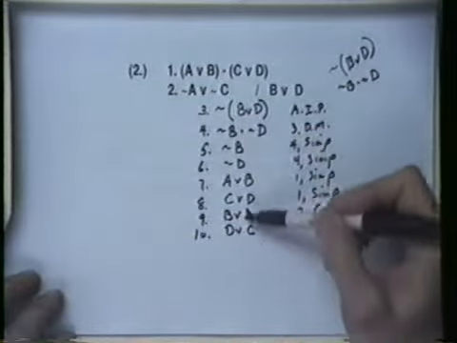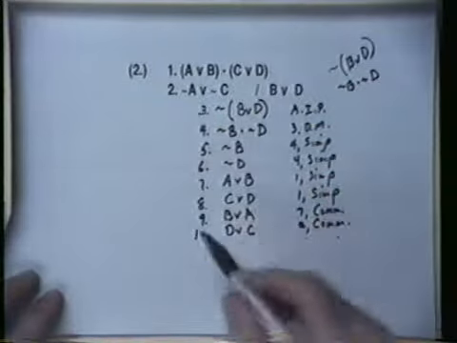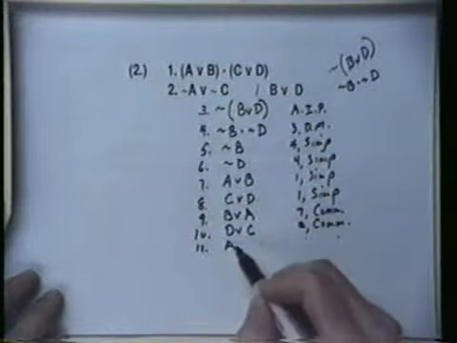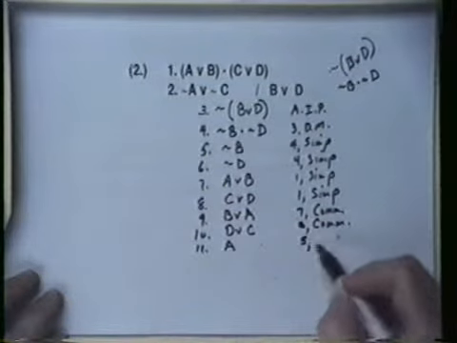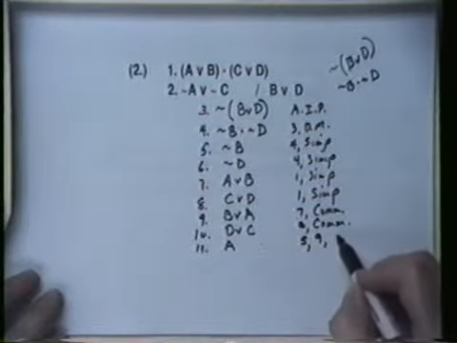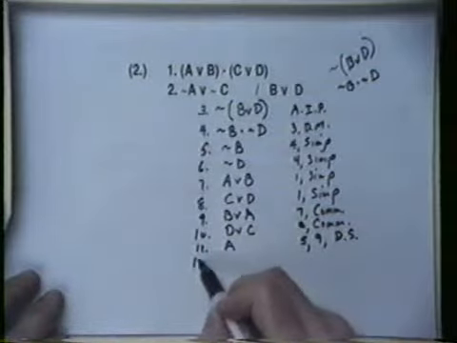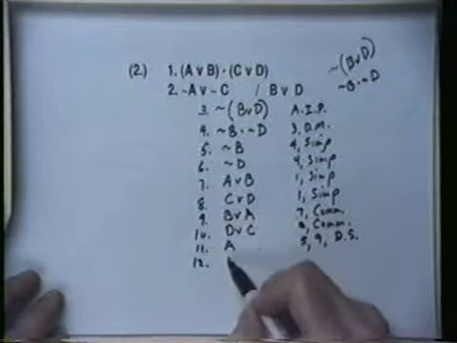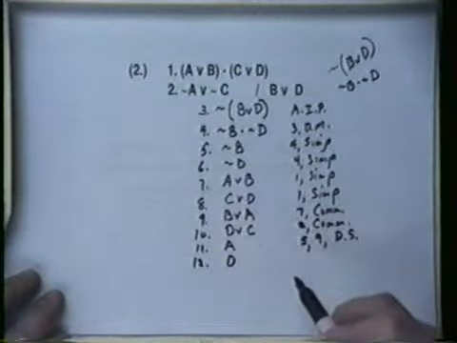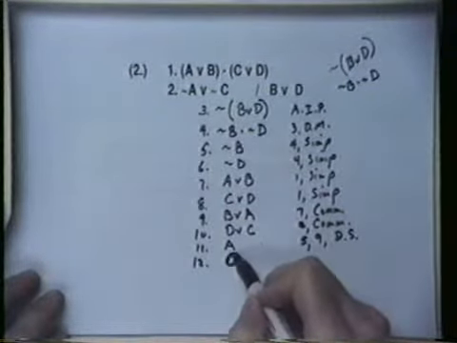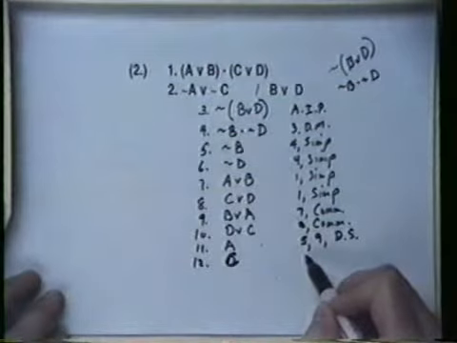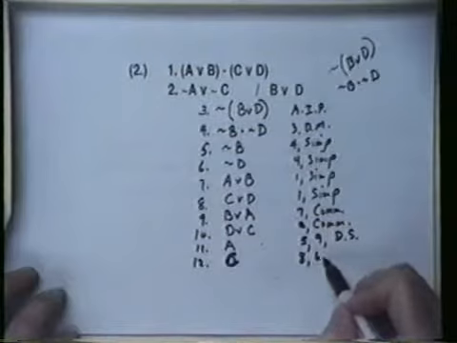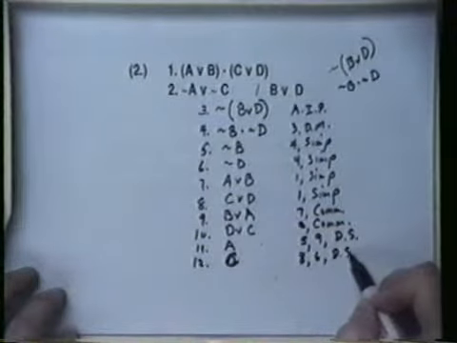And now we have the negations of these two disjuncts, and so we can infer A, that's from line 5 and line 9, by disjunctive syllogism, and similarly we can infer C, that's what we want, and that is from line 8 and line 6, disjunctive syllogism.